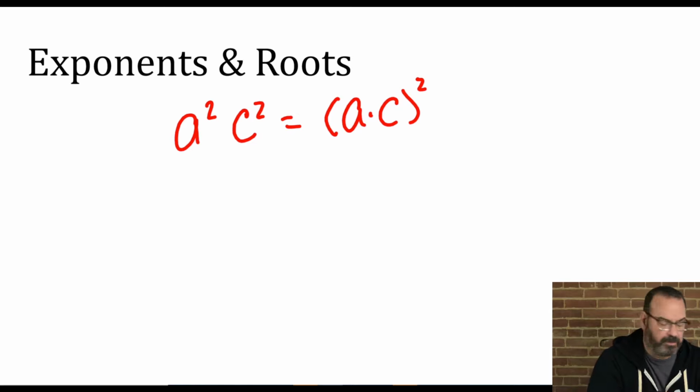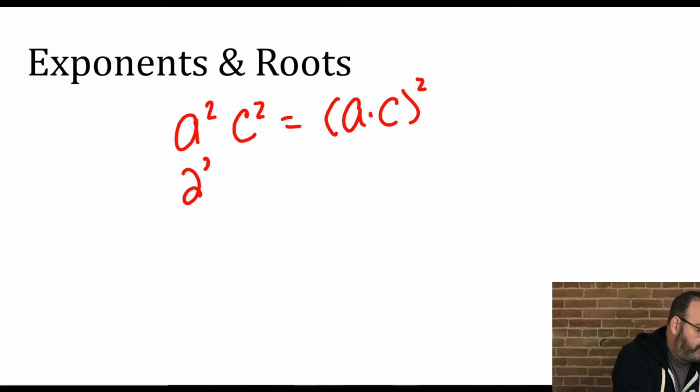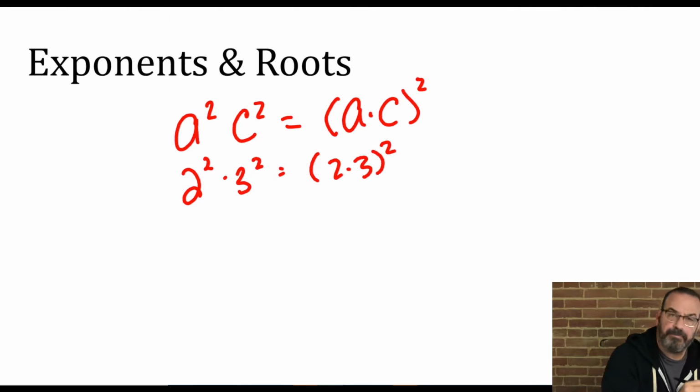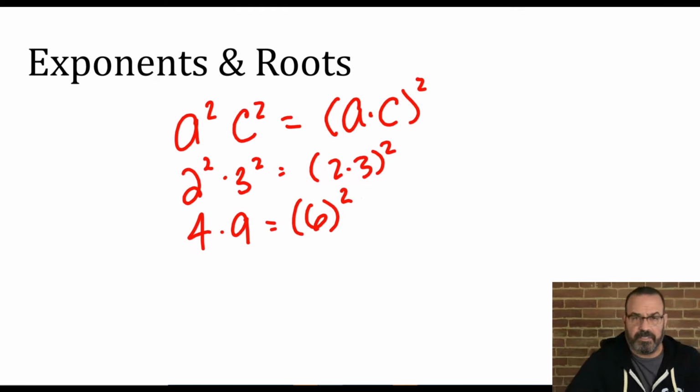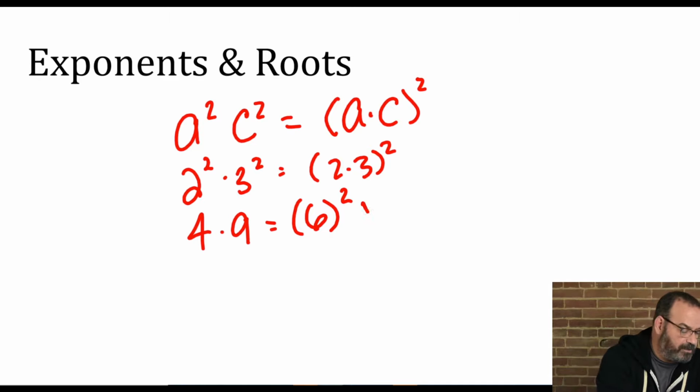Let's use 2 and 3. 2 squared times 3 squared is equal to 2 times 3 quantity squared. Well, 2 squared is 4, and 3 squared is 9, and that's equal to 6 quantity squared. 4 times 9 is 36, and 6 squared is 36. So that proves to be true.